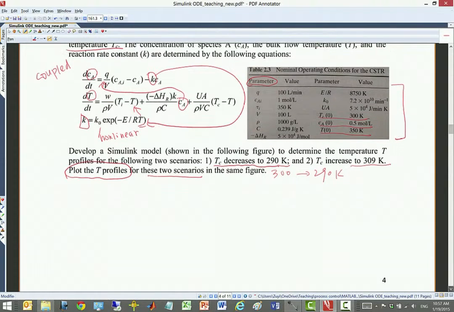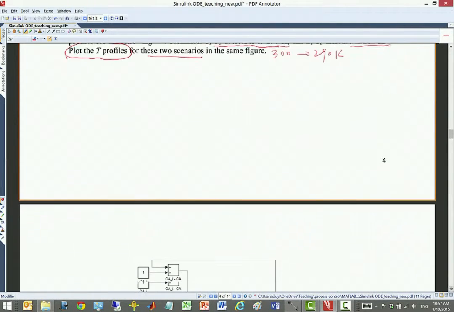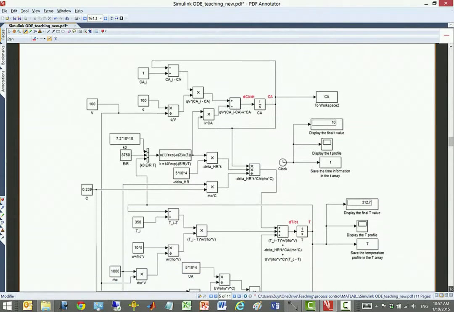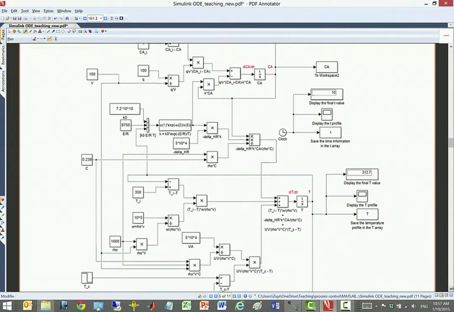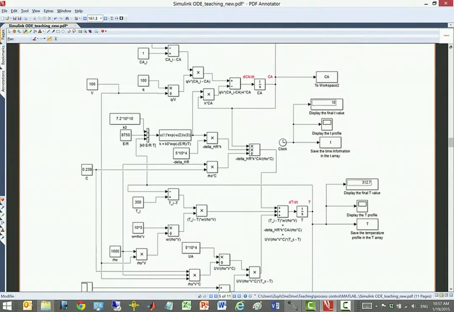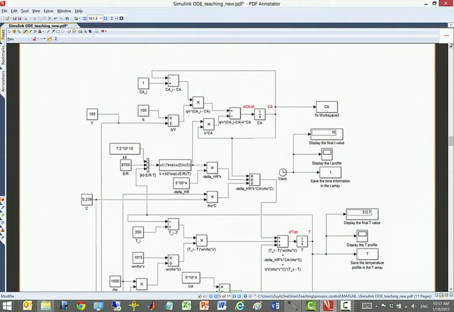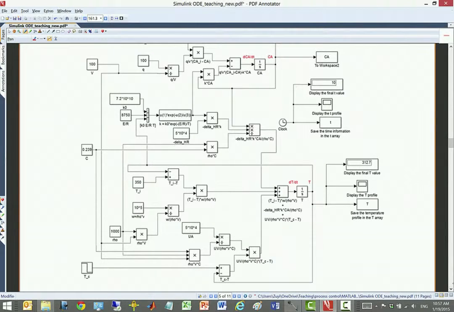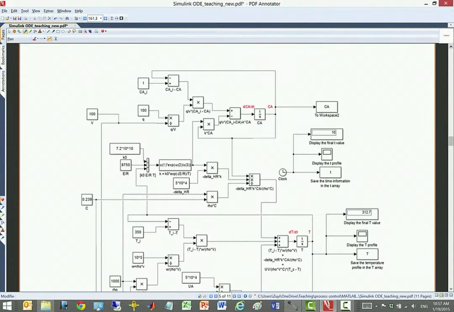Okay. So now, before I show you the result, I give you an overview, a big picture of how to represent the ODE model using Simulink. This is the ODE model, and I have already developed it in Simulink. Your model may look a little different from mine because you can move these blocks and modules around.